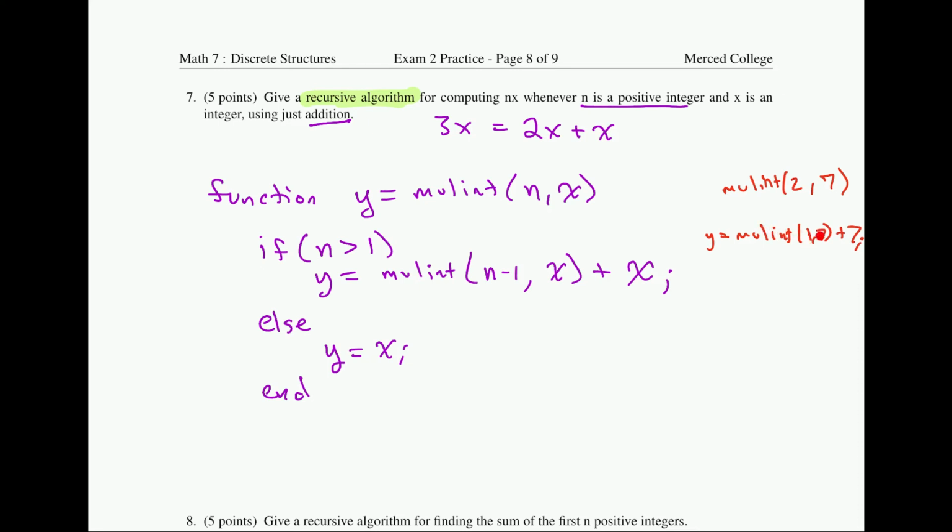We already saw that. And then 7 plus 7 would be 14, which is the correct value. So this will work. And again, you don't have to write it in actual running code, but it doesn't hurt to do that. So this is a recursive algorithm for doing this multiplication. And yeah, that's about all I have to say about it.